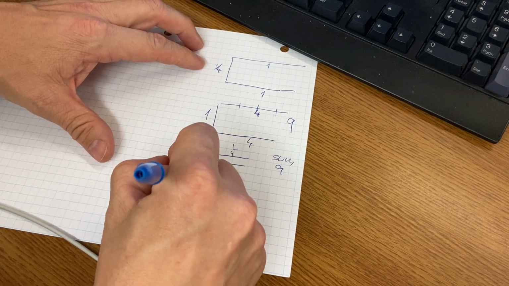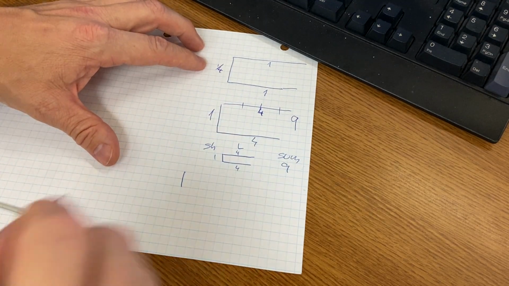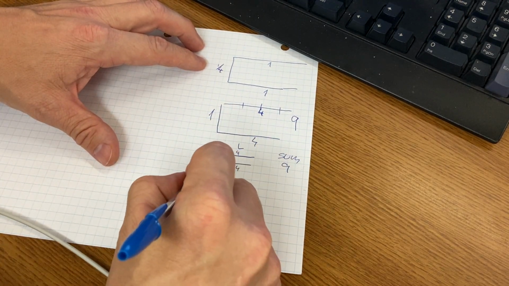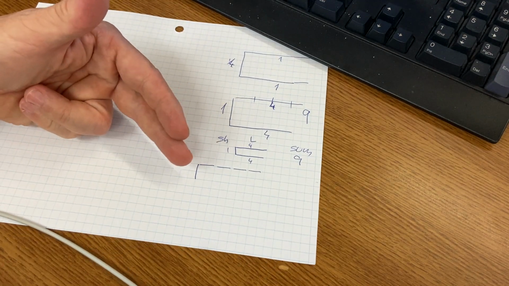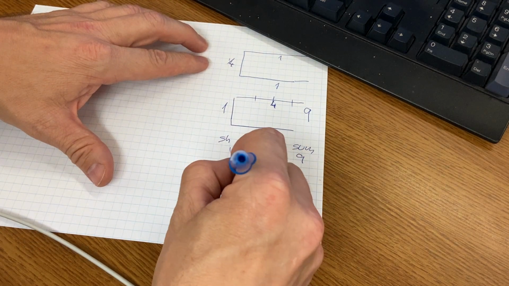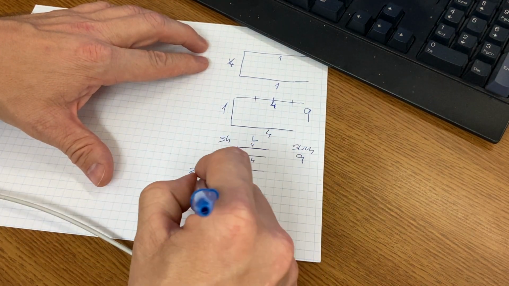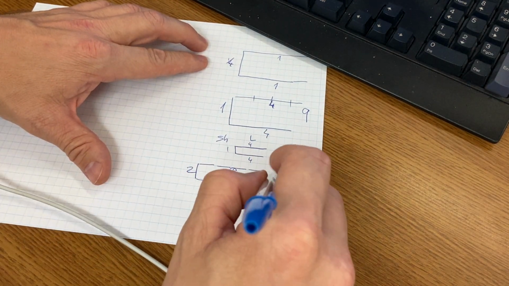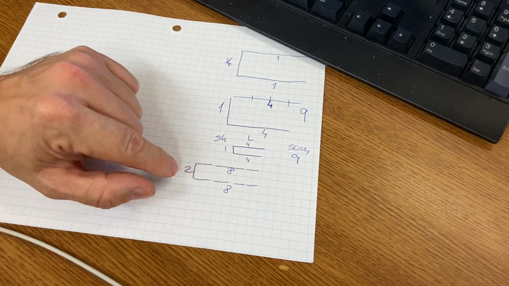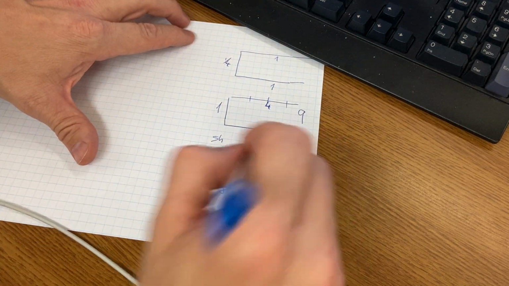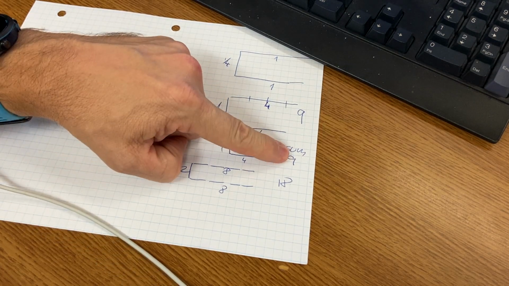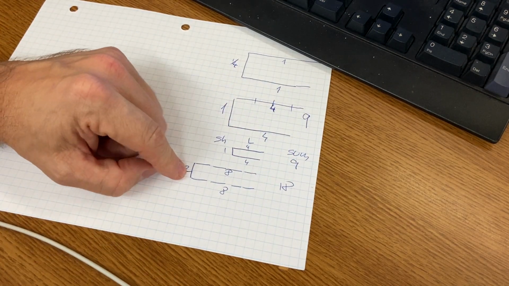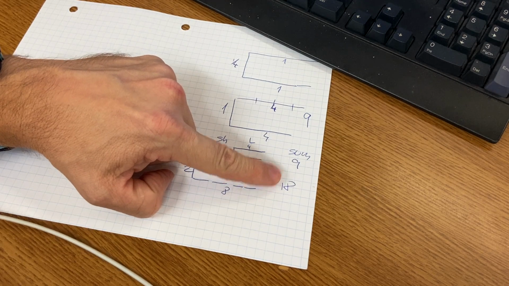If the short side is made 2, the long side will be 4 times as long, because the short side is a quarter of the long side. So if this is 8 and this is 2, of course this one is also 8 there. So 8 plus 8 is 16, plus 2 is 18. So at 1, the short side being 1, the sum is 9. At 2, the sum is 18.